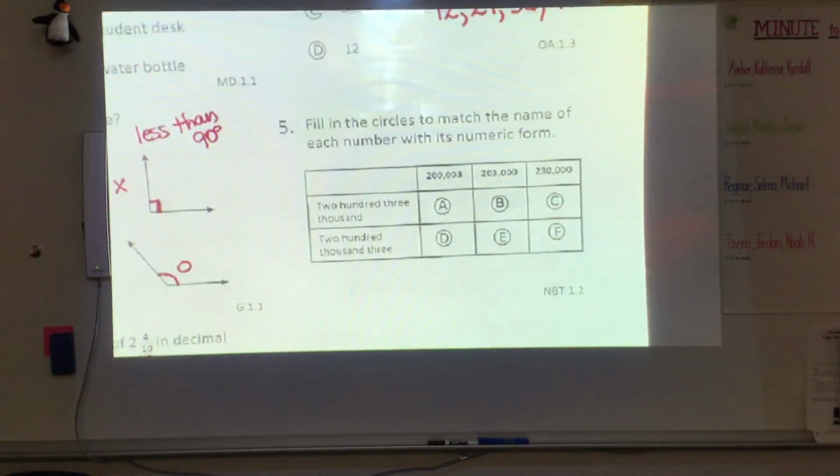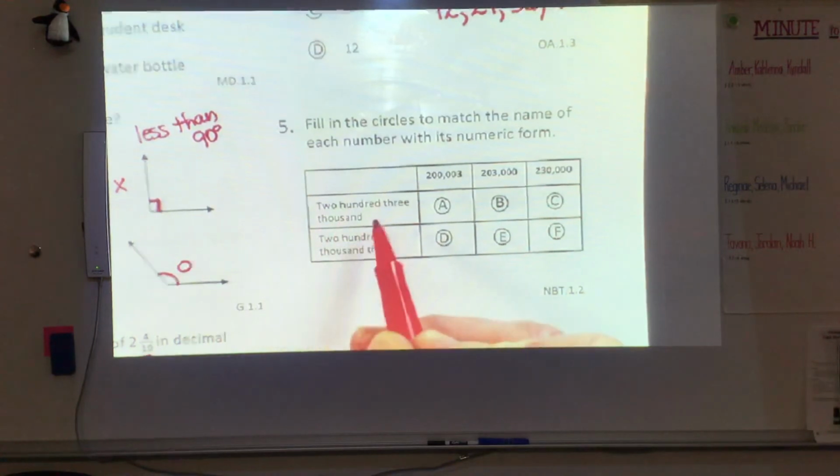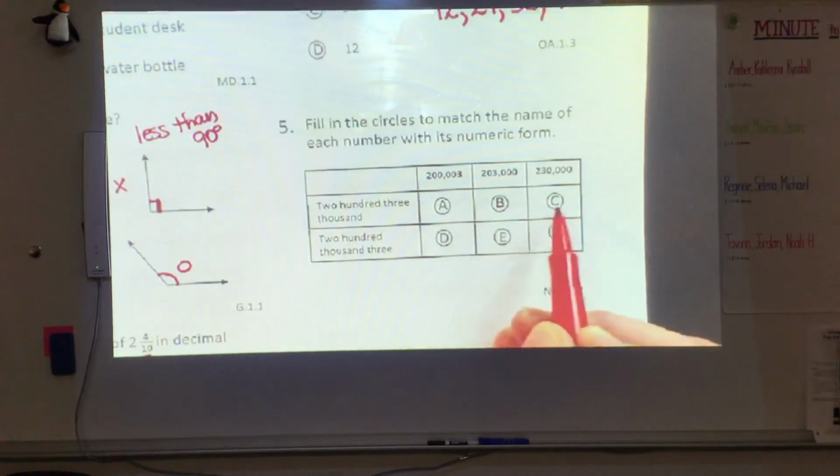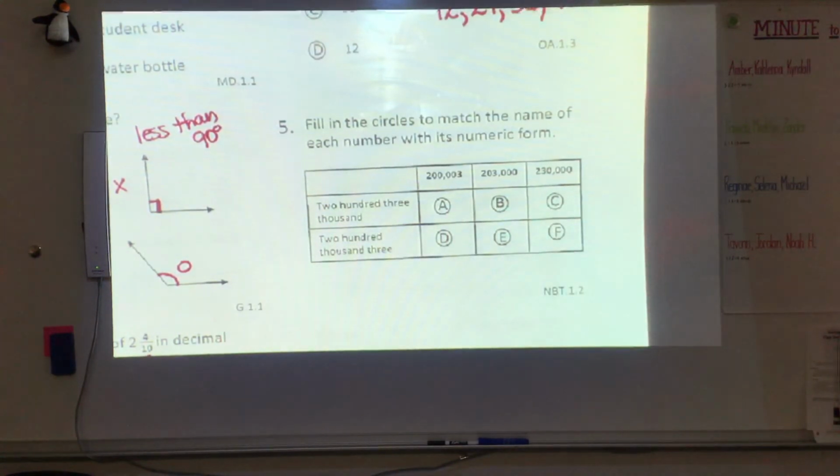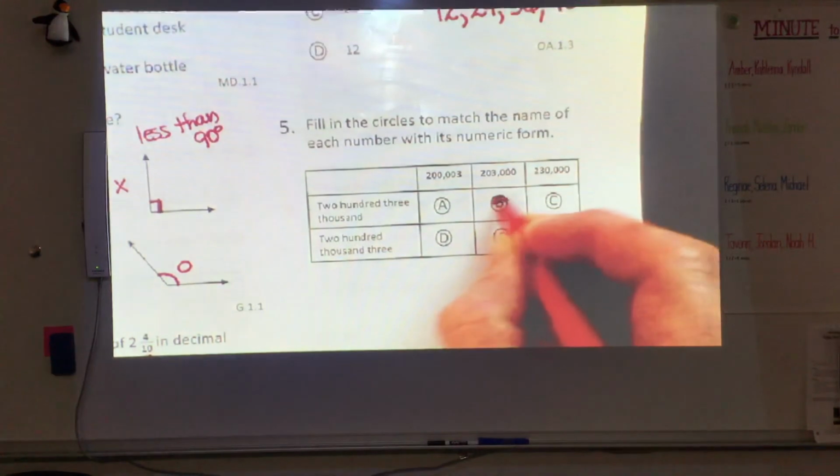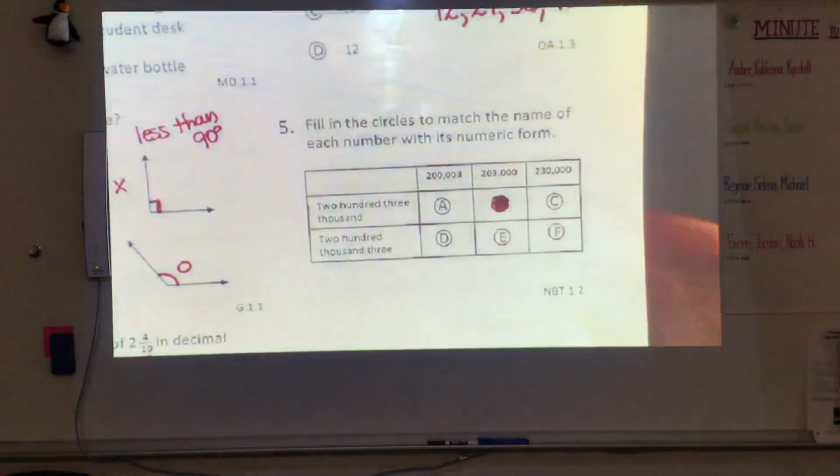Fill in the circles to match the name of each number with its numeric form. So we have 203,000. What do you think, Miss Hancock? A, B, or C? I think it's B because the 2 is in the 100,000s place, and the 3 is in the thousands place. You are correct.